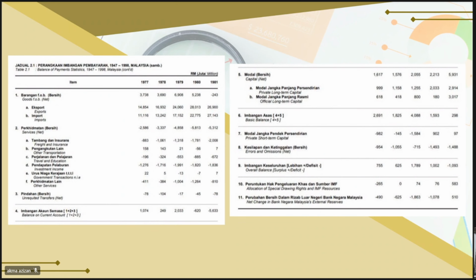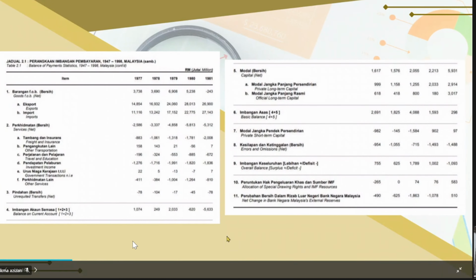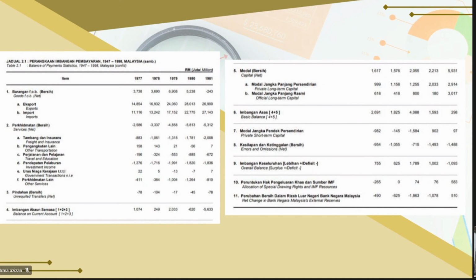After we calculate the whole current account, the balance of current account achieved a good result, where a state of surplus was reached from 1977 until 1979. But in 1980 and 1981, we found a deficit figure because the goods couldn't cover the total investment in the service account, as well as unrequited transfer, due to the country experiencing an economic recession at that time.